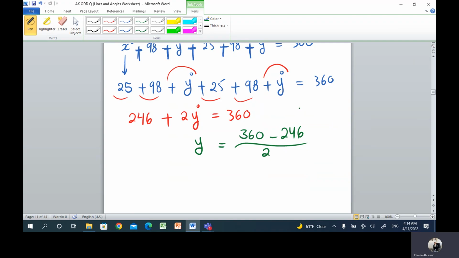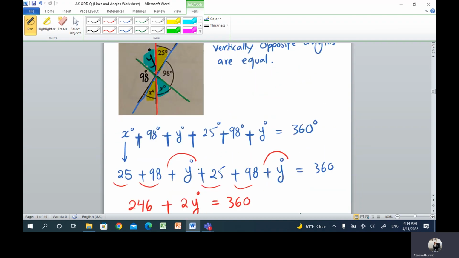So it's 360 minus 246, divided by 2, and so y is going to come down to 57. Okay.